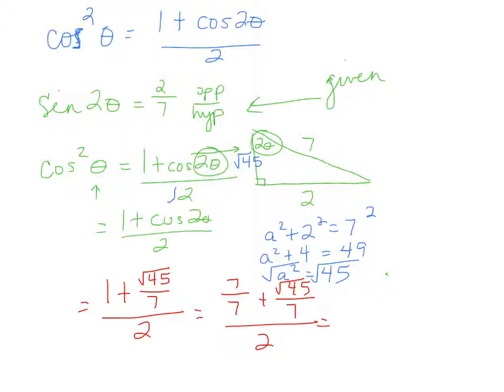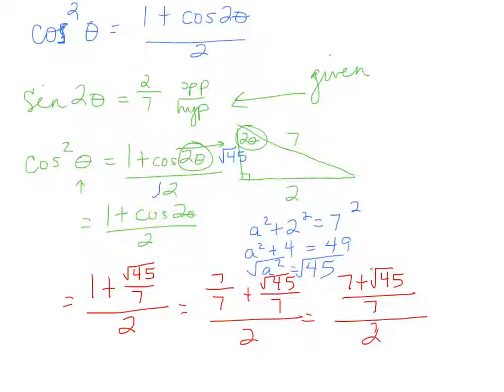And that gives me 7 plus the square root of 45 all over 7 on top. And that's divided by 2. And that's ugly. And you can't convert that to a decimal. All you can do is clean it up by doing that division.